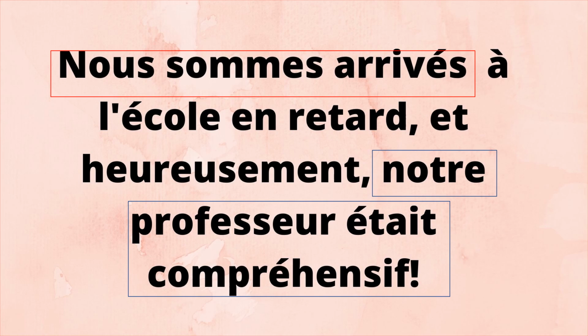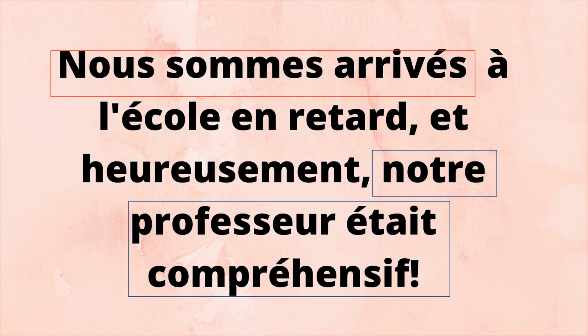So when we conjugate être for nous, first person plural, we have sommes. Nous sommes arrivés. Good. Now, if the helping verb is être, there must be agreement between the subject, nous, and the past participle, which in this case is arrivé.